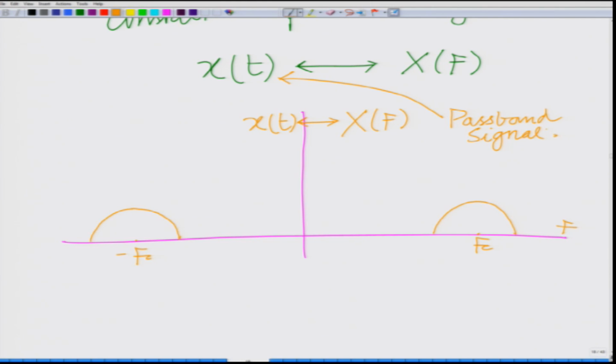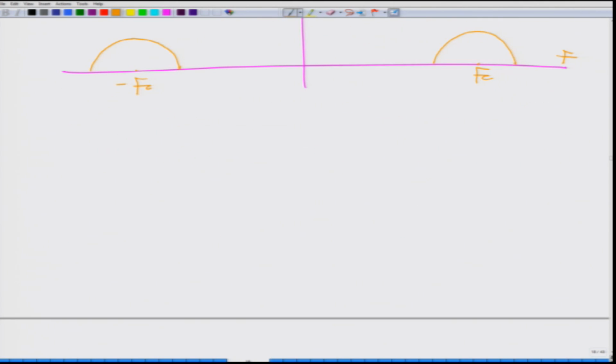It is a passband signal in the sense that it has been modulated by a carrier. Therefore, its spectrum is centered at f_c and at minus f_c. Since it is a real signal, it is symmetric, correct. So it has basically two bands, one centered at f_c and one centered at minus f_c.